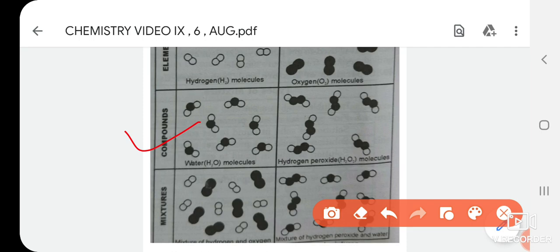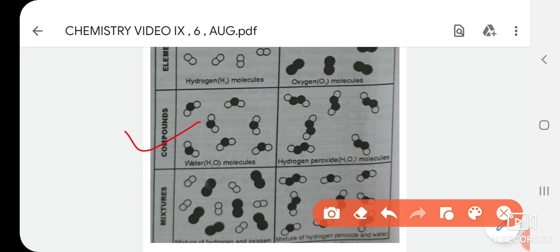A pure compound, whatever may be its source, always contains a definite or constant proportion of elements by mass. For example, water contains hydrogen and oxygen in the ratio of 1 to 8 by mass. Its components cannot be obtained by physical methods. For example, iron sulfide cannot be broken down into iron and sulfur by any physical method.